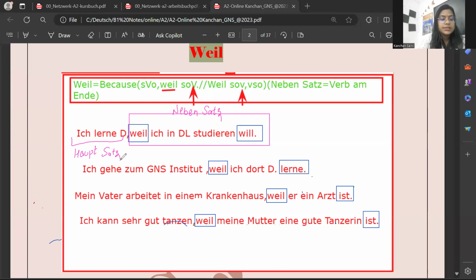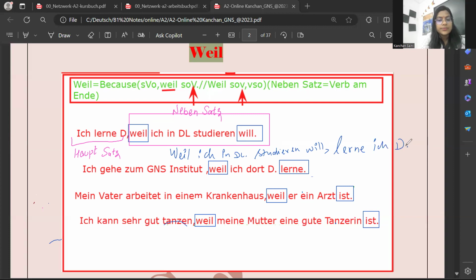The first sentence can also be: weil ich in Deutschland studieren will, because I want to study in Germany, lerne ich Deutsch.